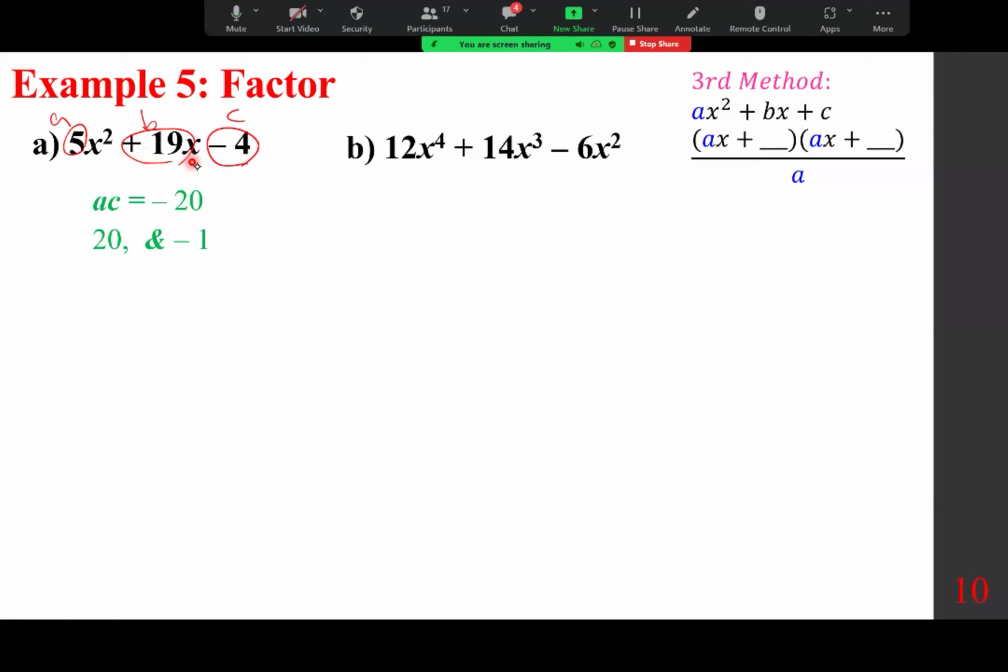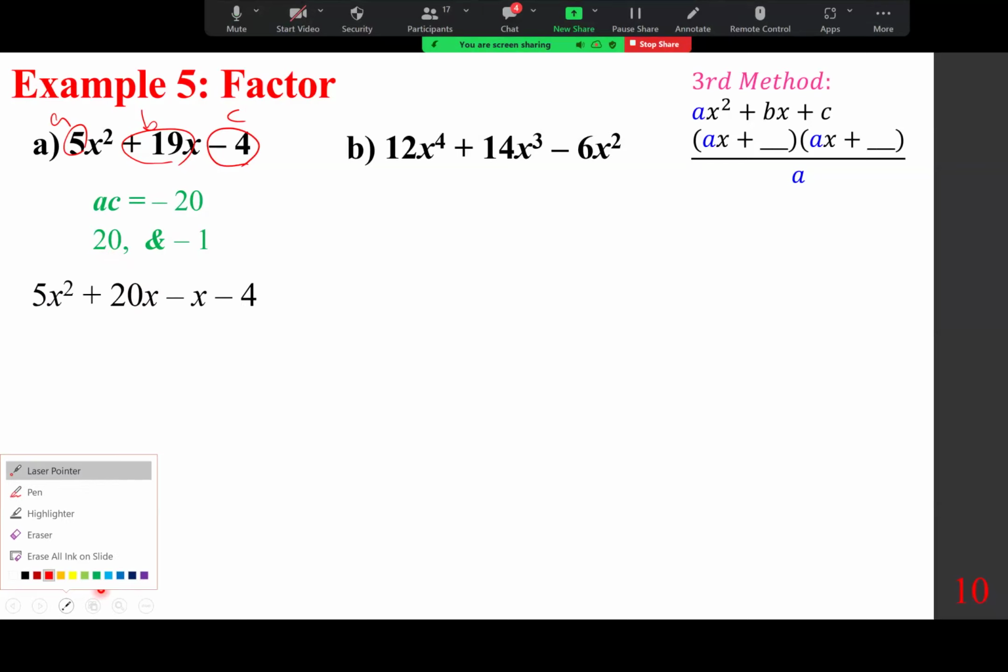So 19x, again, by the grouping, 19x would be 20x minus x. So 19x is cut into two pieces. And now, because it's cut into two pieces, we have 4 terms. We can do it by grouping. So we're going to put these two together.